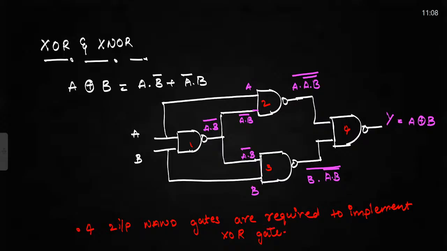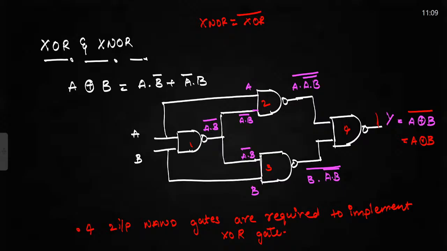So we know XNOR is equal to complement of XOR. So if you complement this one, you will get A XNOR B. So in order to complement this one, I need to add one extra NAND gate.